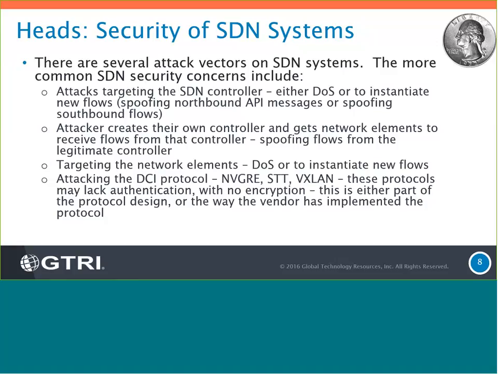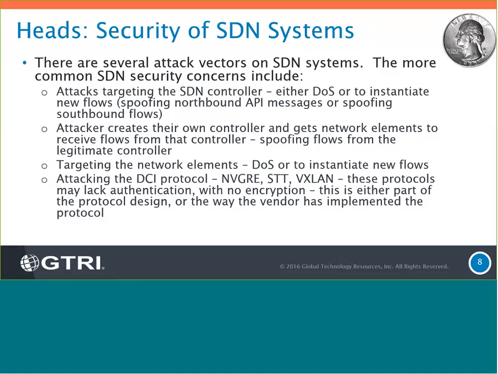Spoofing traffic to the northbound API to the controller could get the attacker to have the network handle traffic the way they want to. What if the attacker were to create their own controller, a rogue controller, and then get the network elements to believe it is the source of record for the policies on how traffic should be sent across the network? That would be an issue.